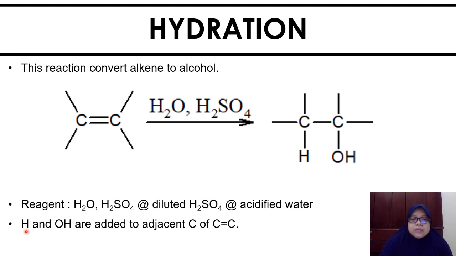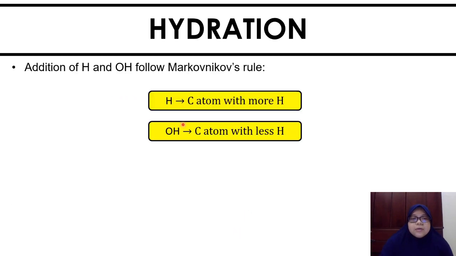Okay, so in this reaction, the hydrogen and the OH are added to the carbon of the carbon-carbon double bond. So the addition of H and OH follows the Markovnikov rule, which is our hydrogen will be attached to the carbon atom with more hydrogen. Our hydroxyl will attach to the carbon atom with less hydrogen.